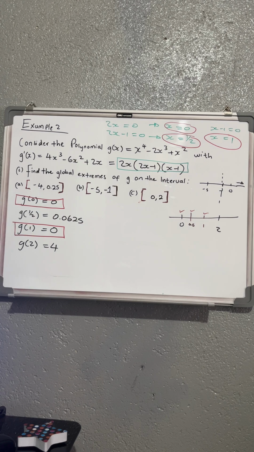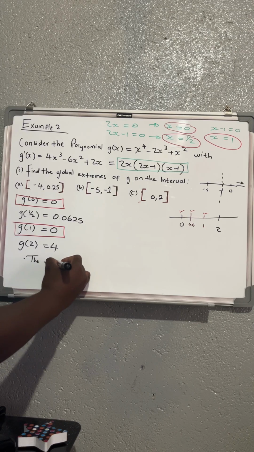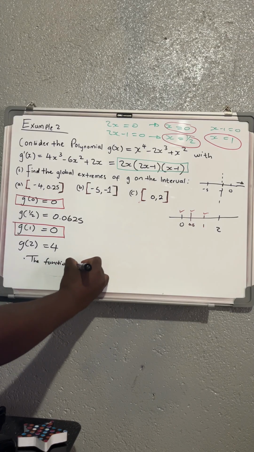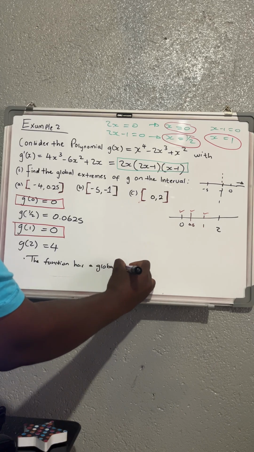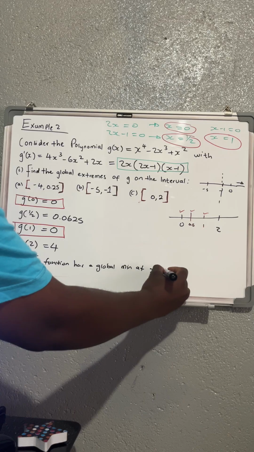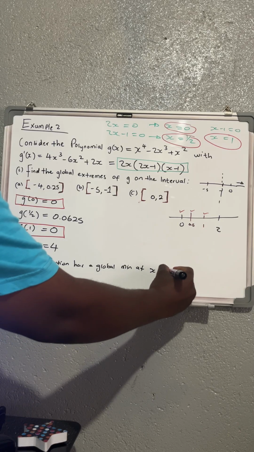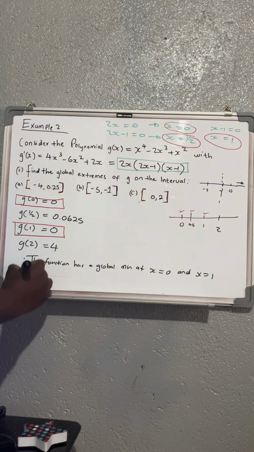So now with your conclusion, you're going to say the function has a global minimum at x equals 0 and x equals 1.